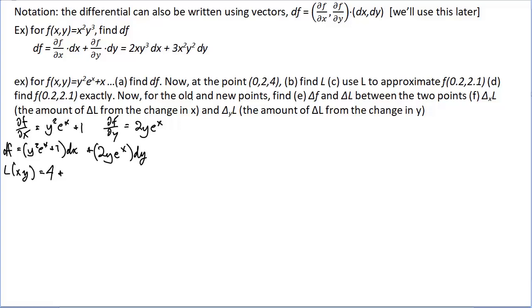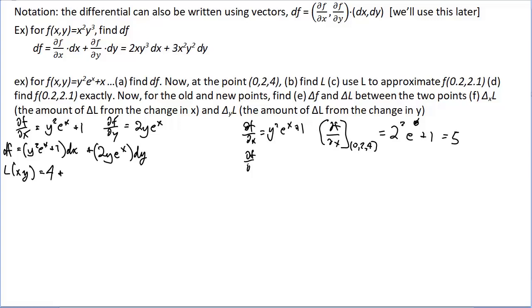So let me just take a moment and rewrite that over here. So df dx at 0, 2, 4 equals 2 squared e to the 0 plus 1, and that's just 5.